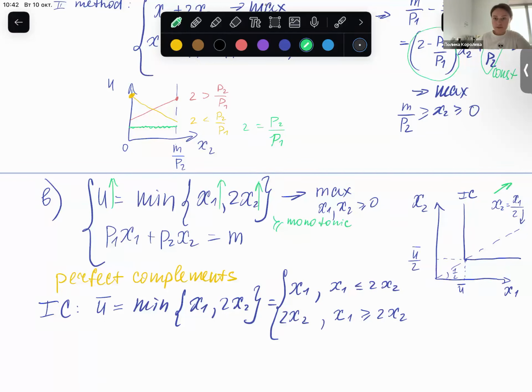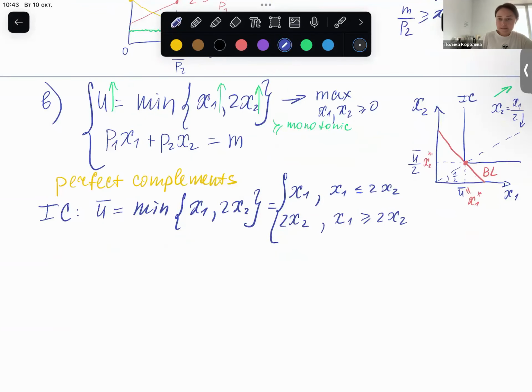Now we understand what will be the solution of the utility maximization program, because the last intersection of the budget line with the indifference curve will be in this actual point when x2 equals x1 over 2. So let's draw the budget line. This is the solution. This is x1 star, and this is x2 star. This is the last intersection with the budget line.